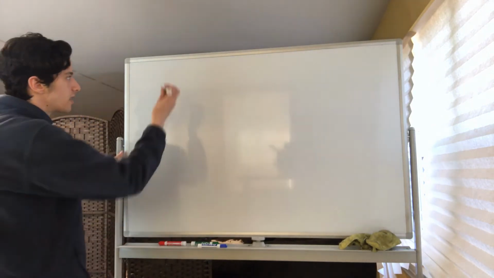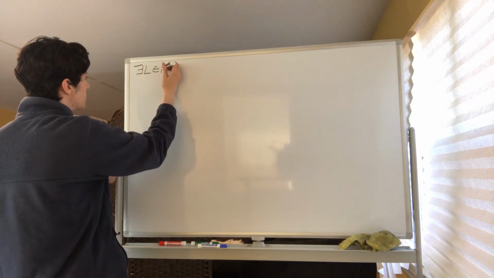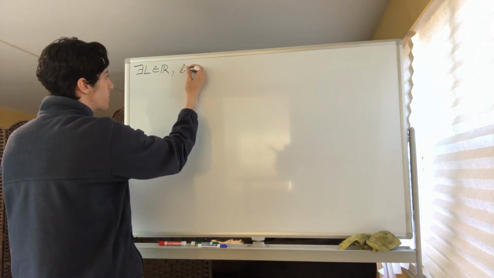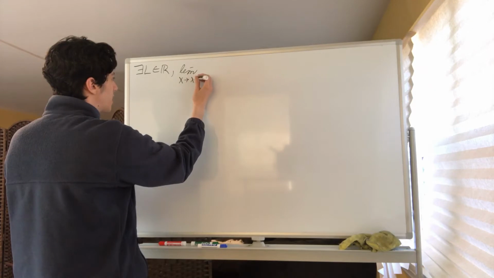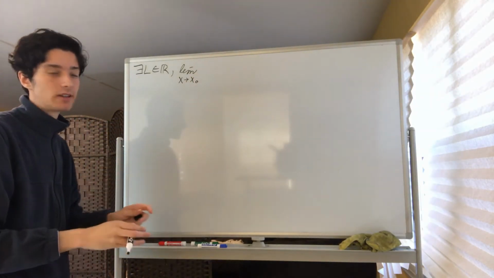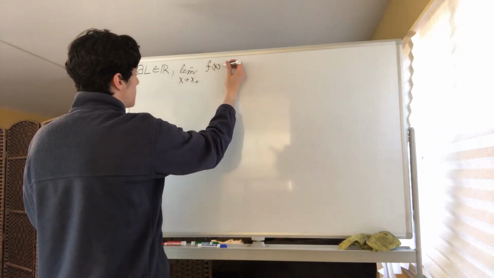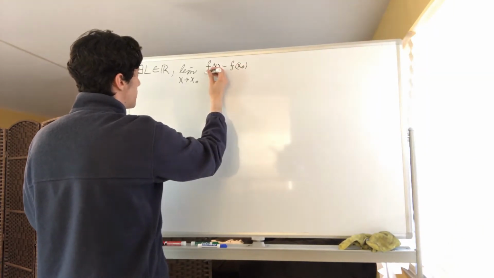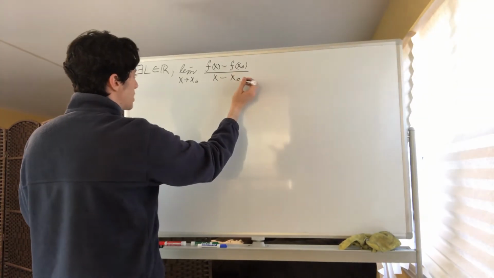So we can say that there exists a real number L such that the limit as x approaches x naught, where x naught will be the point of differentiability. So we have f of x minus f of x naught as our change in y, and x minus x naught as our change in x.